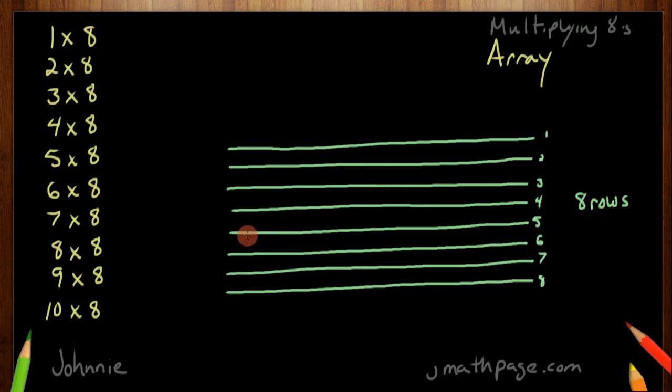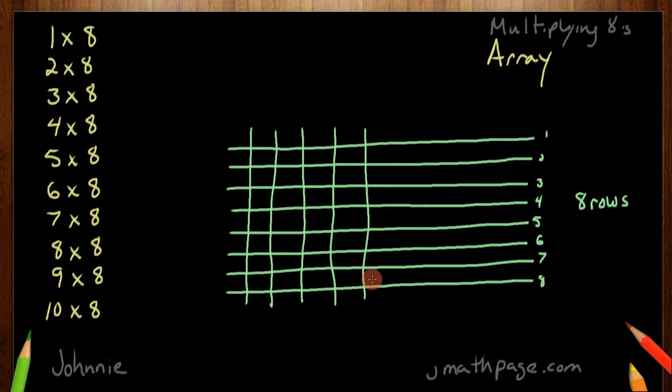Okay. How many columns should we have? Well, if we're doing 8's here, we see that we're going from 1 to 10 here. So let's try that out. Ready? This is a column, so this is 1, 2, 3, 4, 5, 6, 7, 8, 9, and 10.